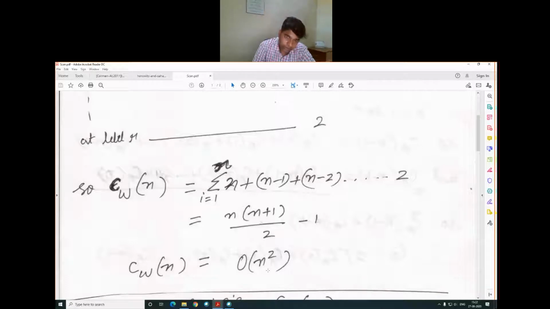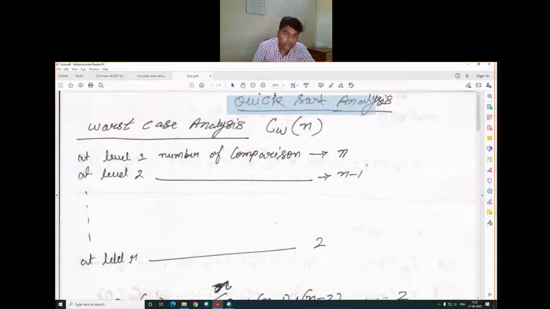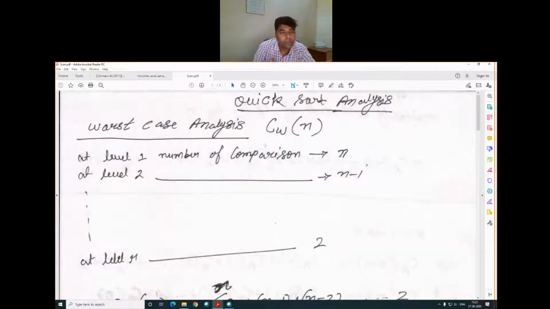Clear? We are also required to compute the complexity in the average case, best case, and worst case. Now we have to compute the complexity in the average case of the quicksort algorithm. This one was the worst case analysis. Next, we will see how to compute the complexity for average case analysis.